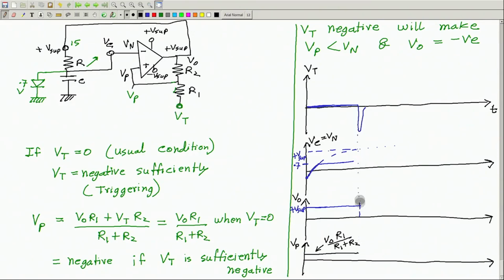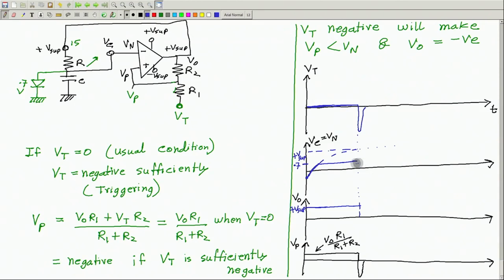Now here in this region Vt is negative. So Vt negative means it will make Vp also negative, okay, for this brief period. If this is negative, this will also become negative because of this expression. This is negative, so this is negative. Now if this is negative, then you see Vn was here.